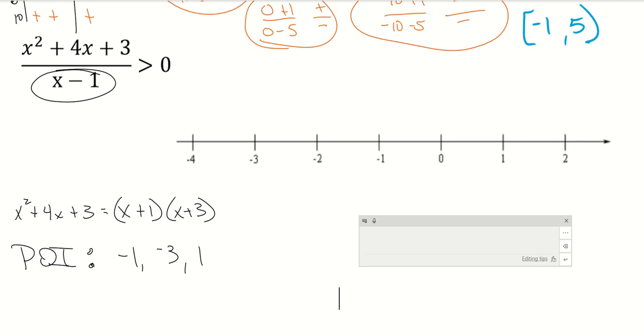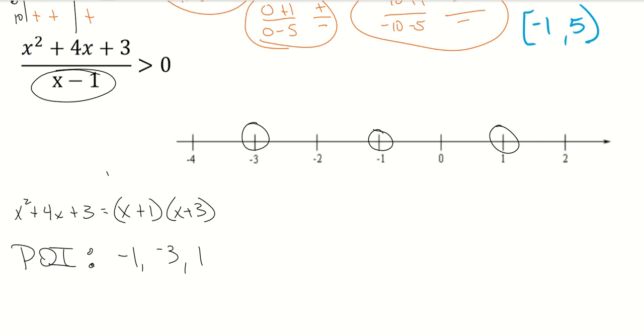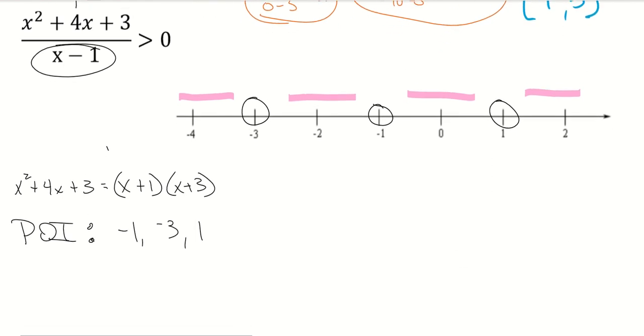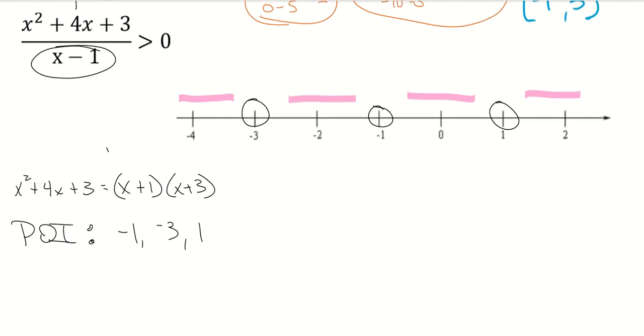I'm going to go through with this one, and we're going to circle each of these. So negative 1, circle, negative 3, circle, and positive 1, circle. For this one we have 1, 2, 3, 4 distinct regions to look at. So I've got to go and pick my numbers to plug in and check.